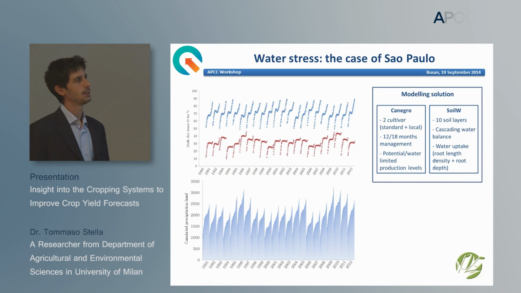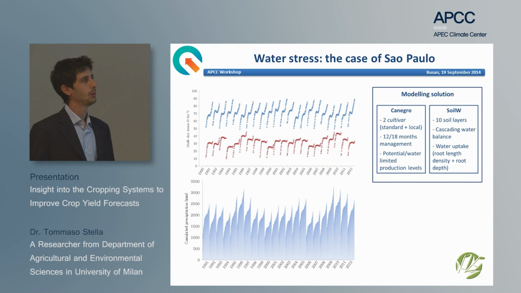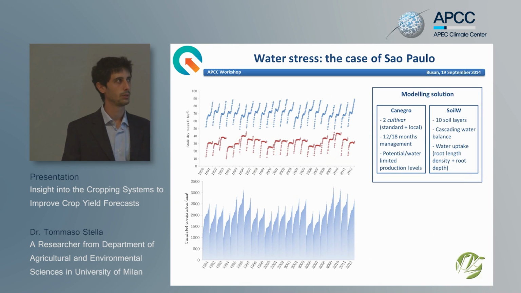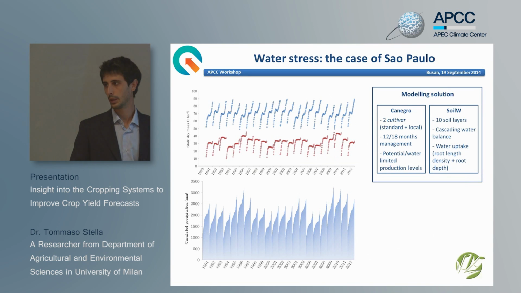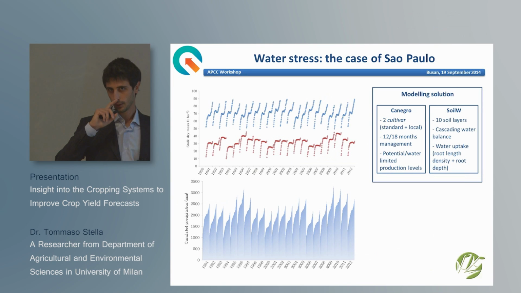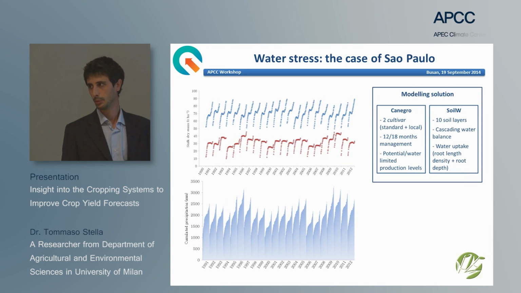In this case, we decided to implement a tipping bucket approach for soil-water redistribution, which implies that water can move only downwards in the soil profile, filling up the layers until the fill capacity is reached.